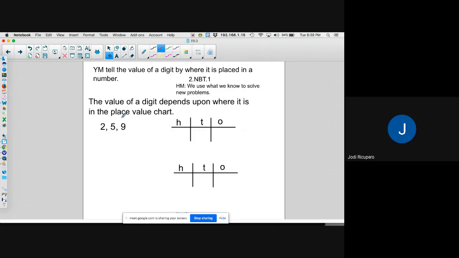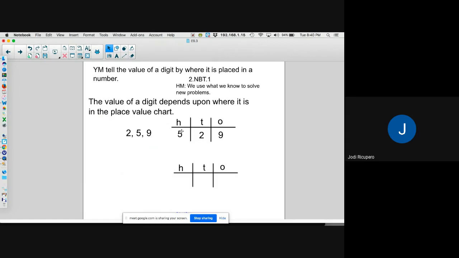The value of a digit depends upon where it is in the place value chart. So right now we have the digits 2, 5, and 9. If I put my digits in the place value chart, if I put 5 here, and 2 here, and 9 here, my number is 529.